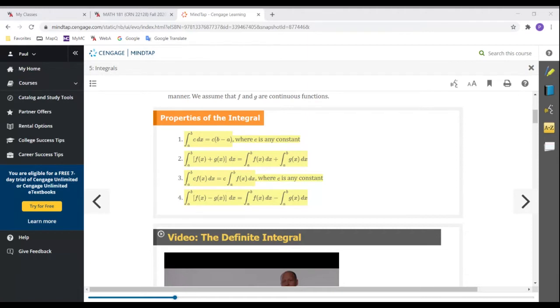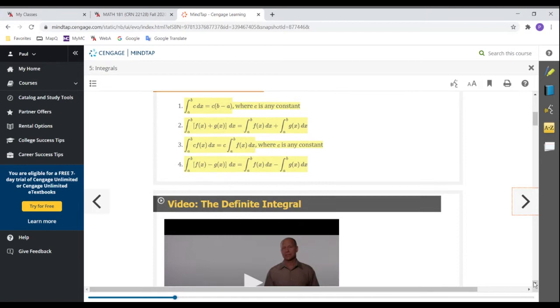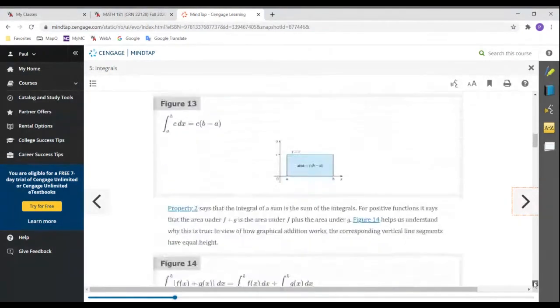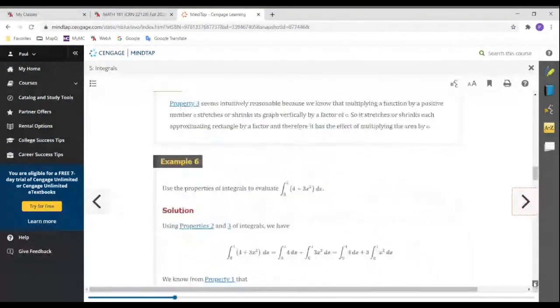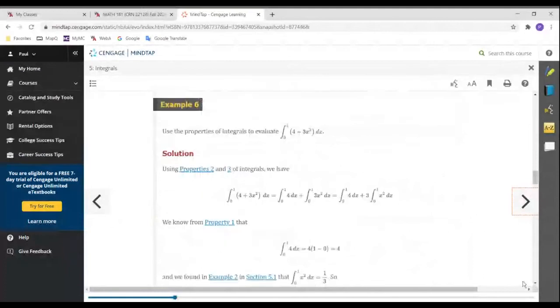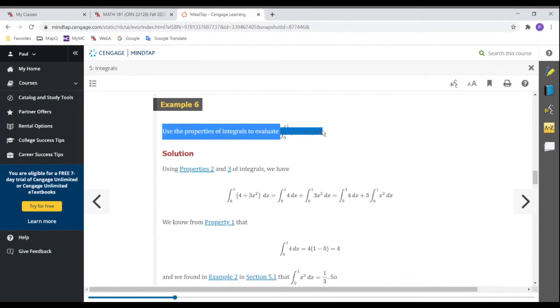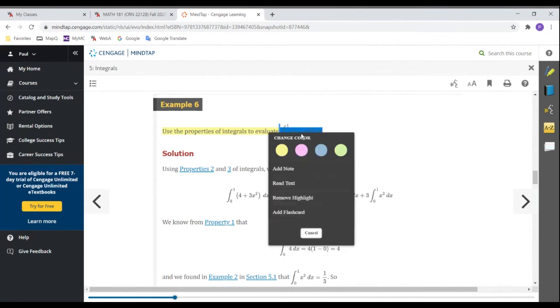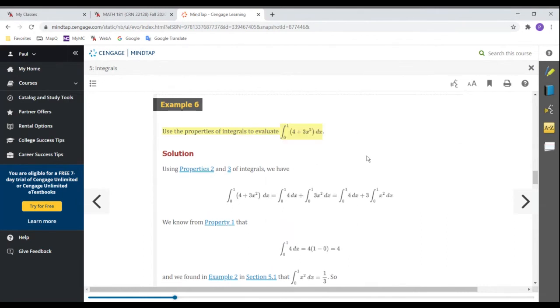And so now we can look at example 6, and I'm going to want to look at one more example here. Example 6 says use the properties of integrals to evaluate this integral here. This was a little bit towards what Zoe was asking earlier.